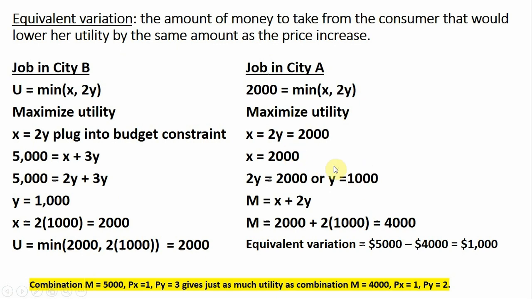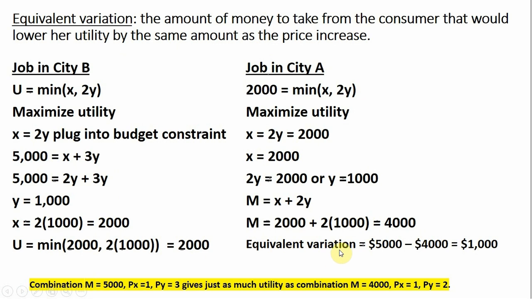Plugging those values into the budget constraint at, again, the original or lower prices, we find that the person's income would be $4,000. Okay, so an income of $4,000 with the lower prices would provide just as much utility as an income of $5,000 at the higher prices.